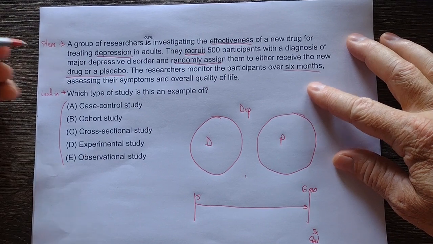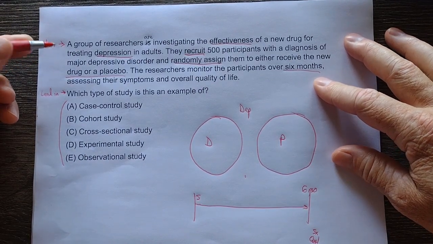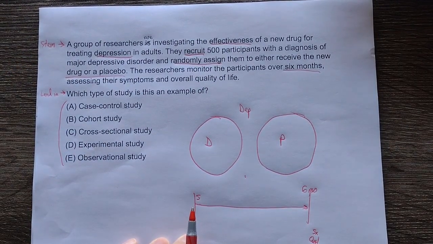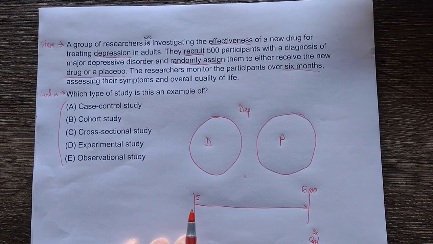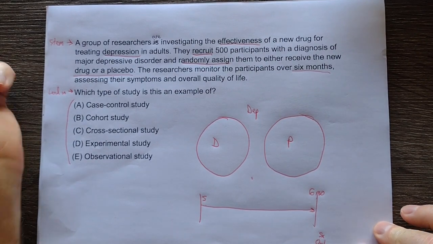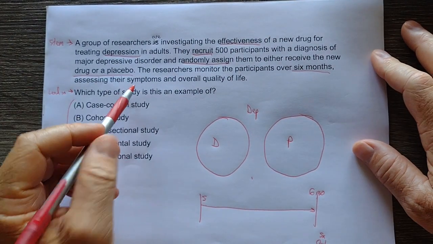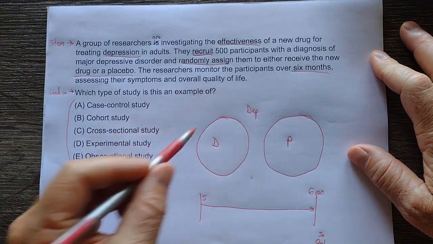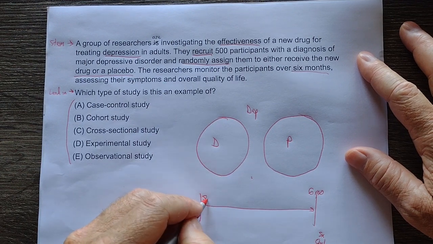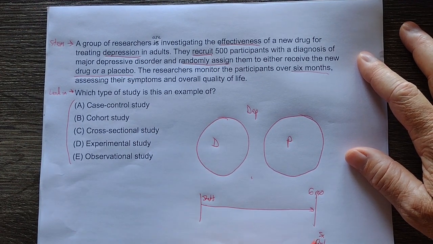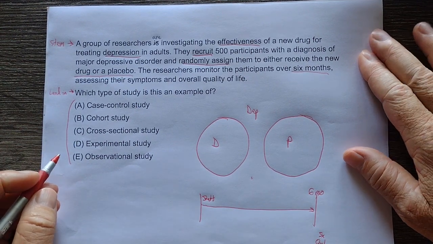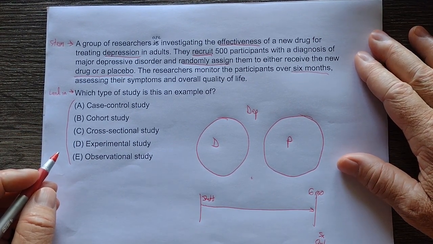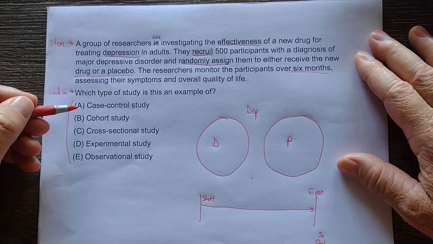So let's now go back and take a look at what kind of study this might be looking at. So the researcher monitors the participants over 6 months, assessing their symptoms and overall quality of life. So here's the start, and then here is the 6 months, and they look at symptoms and overall quality of life. So now let's go back to what kind of study this is.